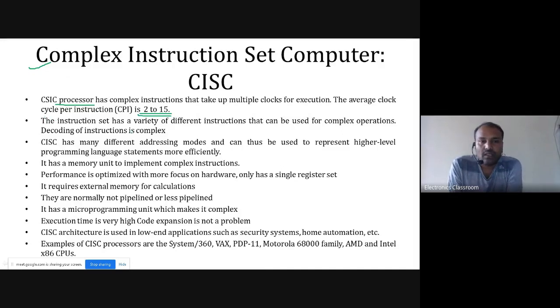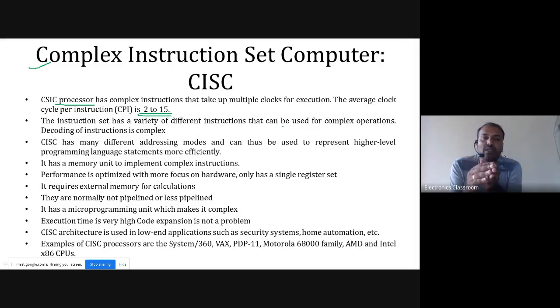Then the instruction set has a variety of different instructions that can be used for complex operations. For example, variety of instructions means the instruction which takes one clock cycle can be a 1 byte, simple instruction.